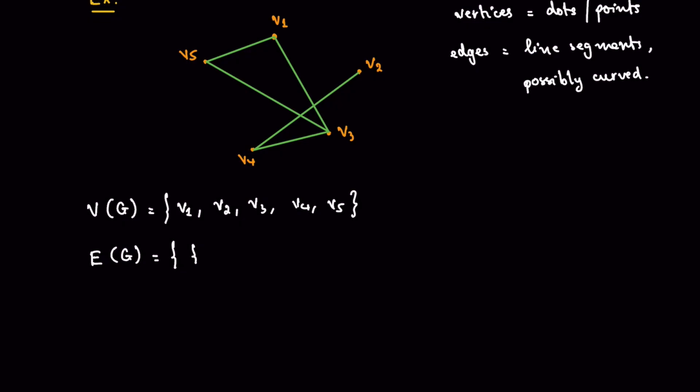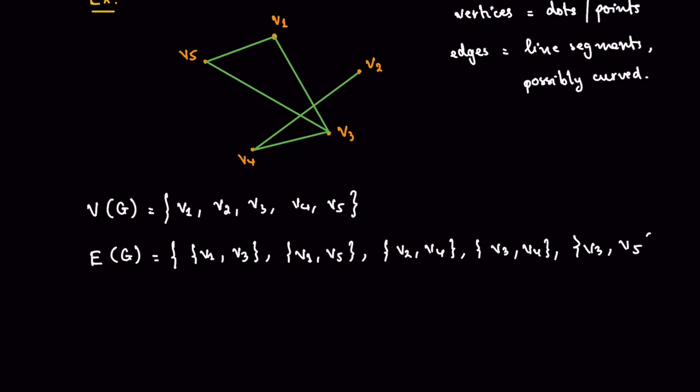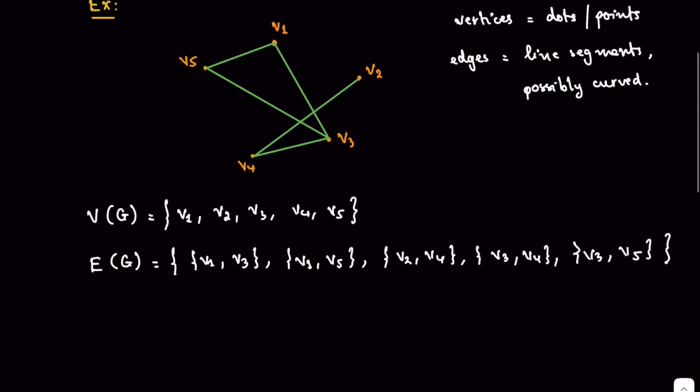So when you represent the set of edges, this is how you present it. I have the subset {V1, V3}, and {V3, V1} should be the same by the definition of a set. The order does not matter. Also {V1, V5}, {V2, V4}, {V3, V4}, and {V3, V5}. That's technically how you present it. However, in practice, writing the edges like this is a little tedious.